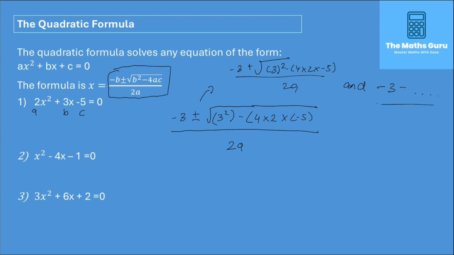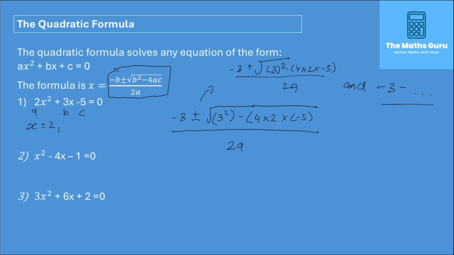So we get one solution from plussing and one solution from minusing. Hence, we'll end up with two solutions, as a quadratic should always. So 3 squared minus 4 times 2 times minus 5, divided by 2 times 1, and you get the first solution to be x is equal to 2.